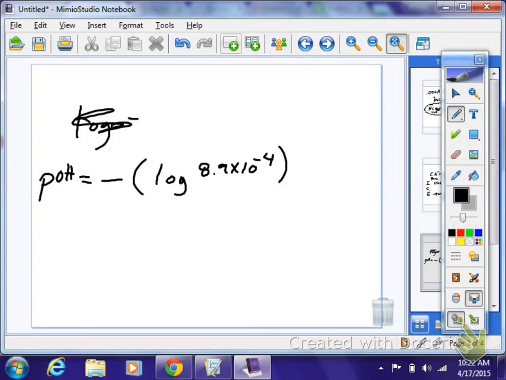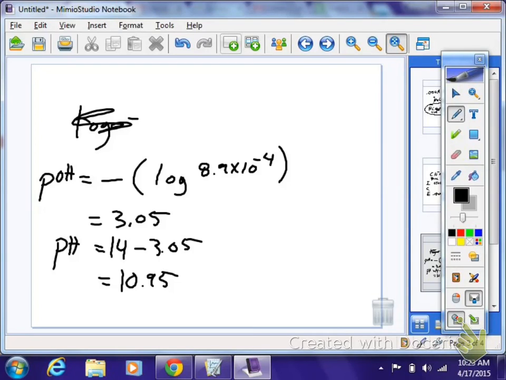And that is 3.05. So the pH is going to equal 14 minus 3.05. Okay? And so I get an answer out that would be 10.95. Is that the answer in the back? Yeah. Okay. All right, so the pH is 10.95.